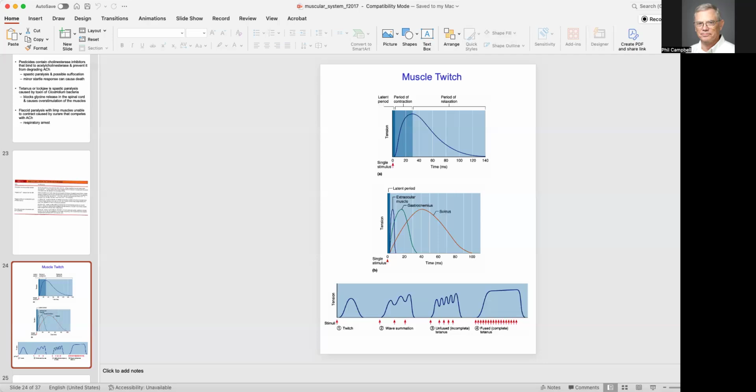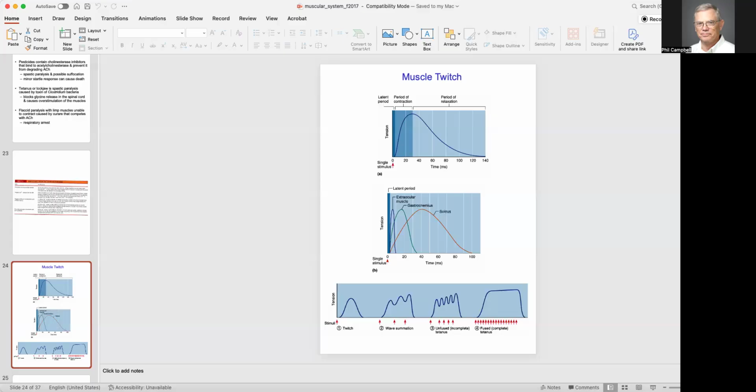Now, I can continue to increase the frequency, and we see the same thing here. It starts to go up, comes down, very similar to action potentials, right? But this is as far as it gets for action potentials because they have to be discrete wavelets. That is not the case for muscle twitches, okay?